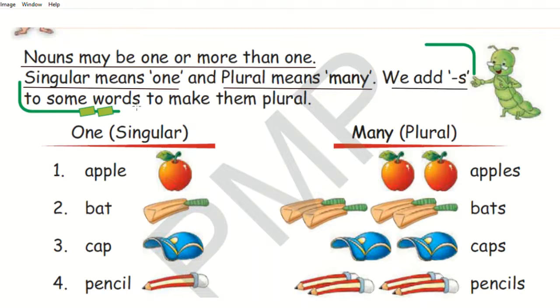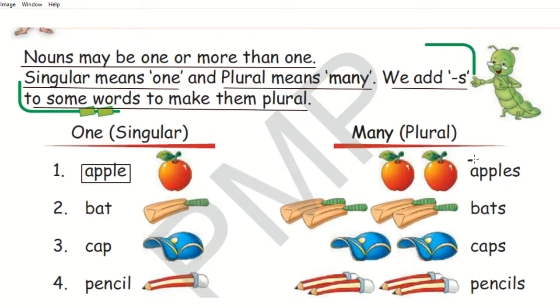Children, we add s to some words to make them plural. So, you have read one stands for singular and many stands for plural. Now we will see how we can convert a singular word into plural.